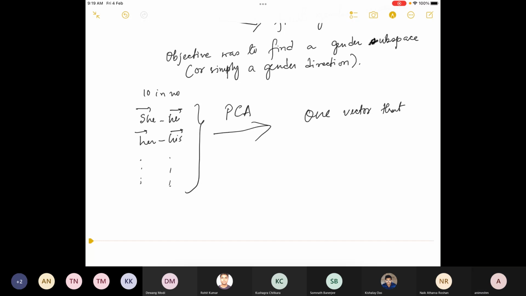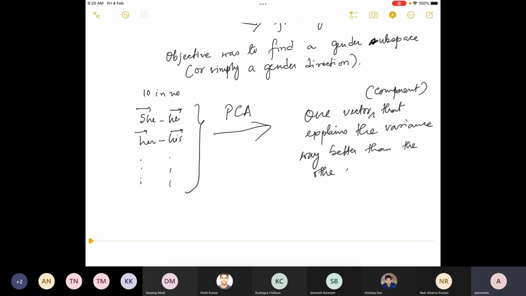that explains the variance way better than the other components.